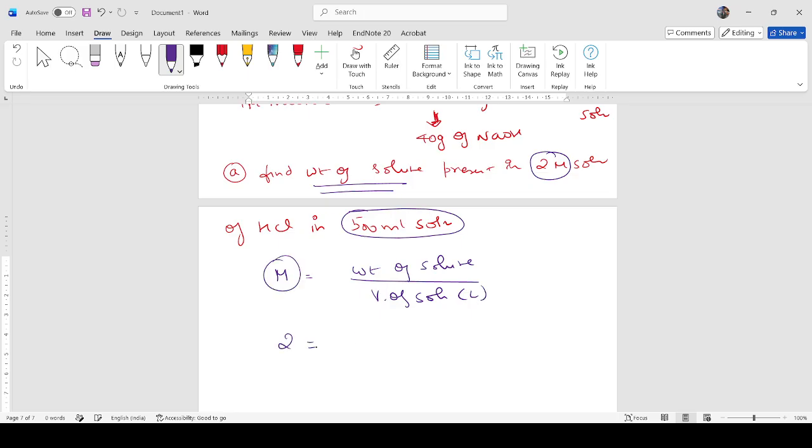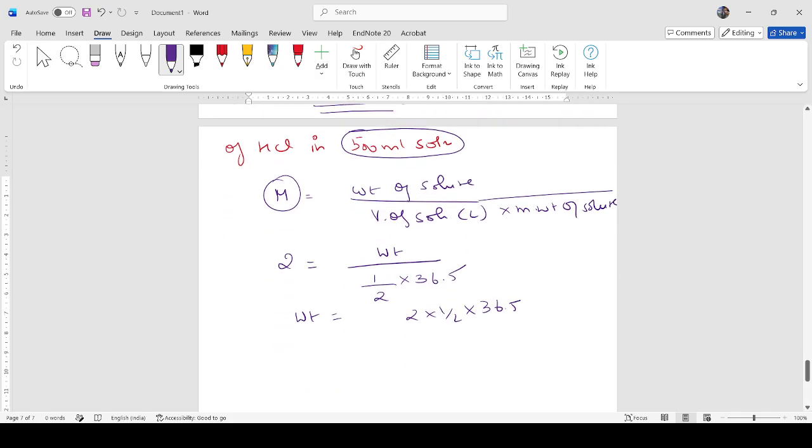Molarity is 2, weight they are asking, volume of solution is 500 ml. But I need it in liters, right? So it is 1 by 2, and HCl is 36.5, right? And then what should be the weight? 2 into 1 by 2 into 36.5, which is nothing but 36.5 gram itself.